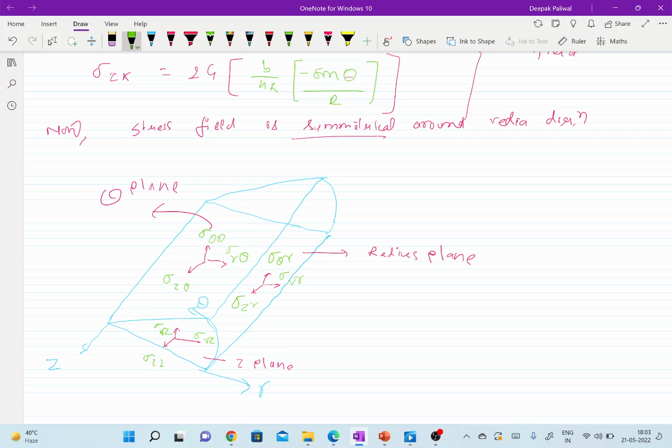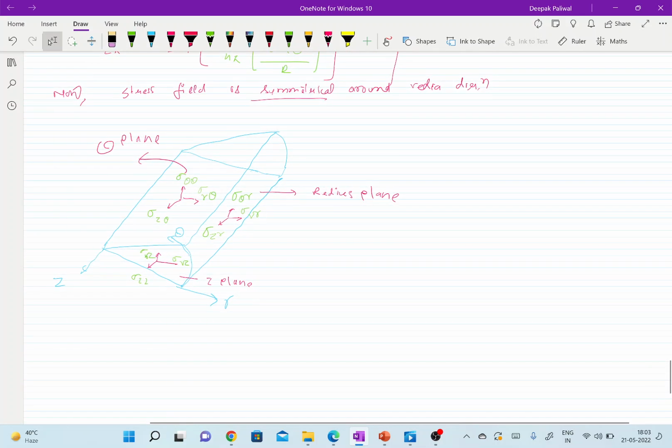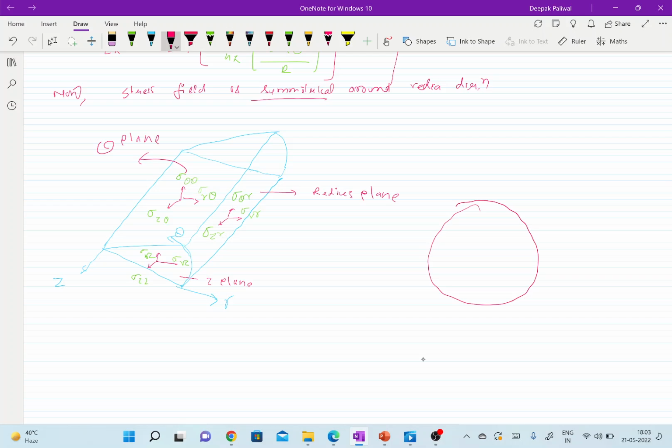Now let me draw the z plane. Suppose this is our z plane, and let me draw the x-axis and y-axis. This is the x-axis, this is the y-axis. Now suppose this is your radius, which is making angle theta. This is sigma xz, and this is sigma yz: the z plane in the x direction, the z plane in the y direction.